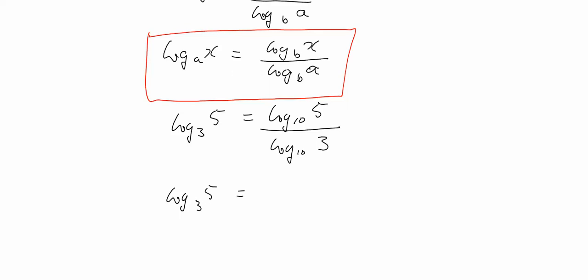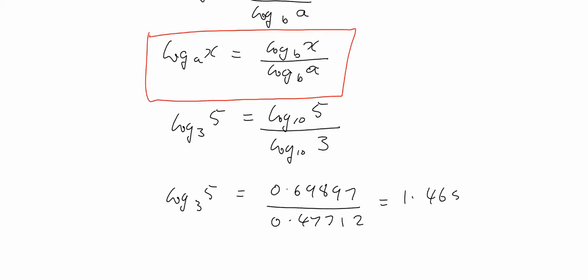So on your calculator you can look up the logarithm of 5 to base 10 and we'll get 0.69897 to 5 decimal places, and the logarithm of 3 to base 10 we'll get 0.47712 to 5 decimal places, and doing that division we find that comes to 1.4650 to 4 decimal places.